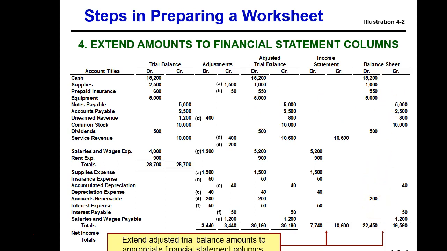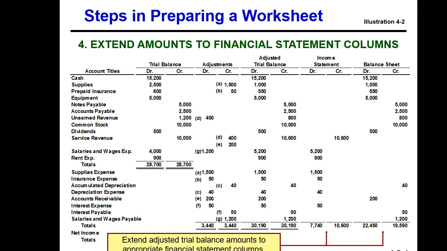In other words, if an account is not shown on the income statement section, then bring it over to the balance sheet section. Again, that'll be your asset accounts, your liability accounts, and your stockholders' equity accounts. Now, once again, notice that for the balance sheet debit and credit columns, those amounts are not in balance. So we have one final step to complete the worksheet.